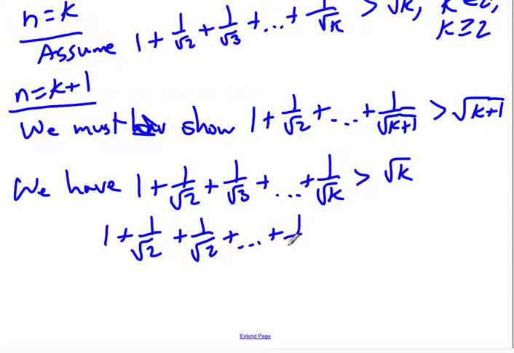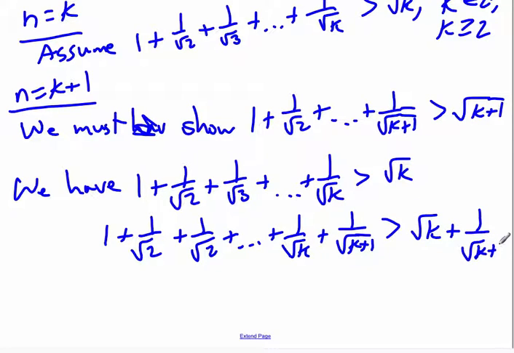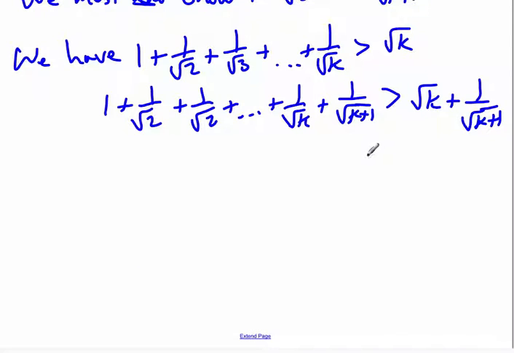And over here we have root k plus 1 over root k plus 1. So on the left-hand side we have what we want, on the right-hand side we want it to look like this. So let's simplify and see what happens.